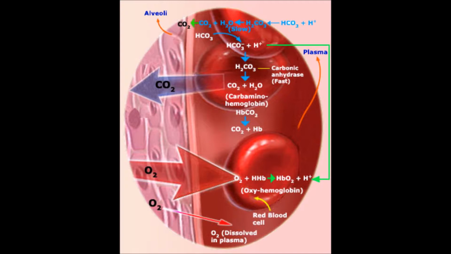Once the bicarbonate ion is produced, this is primarily in the red blood cell, the red blood cell will push it out into the bloodstream, into the plasma. It pulls in chlorine. That's called the chloride shift. You don't need to know it, but they make a big deal about it. And then now the bicarb is out in the plasma. So what we have done, we have taken a waste product that is formed from what reaction?